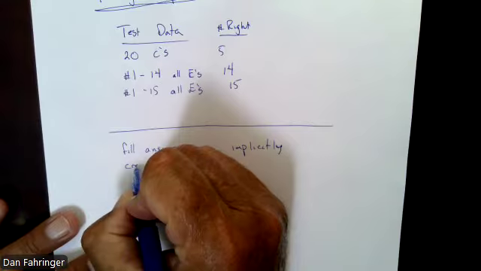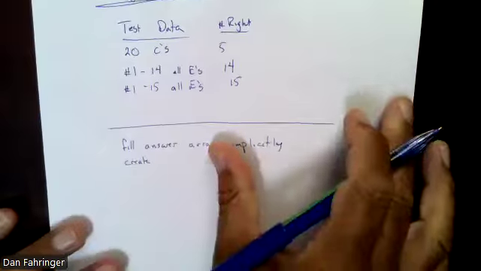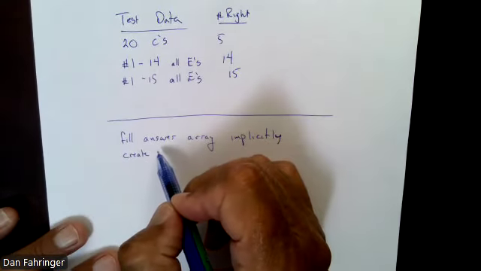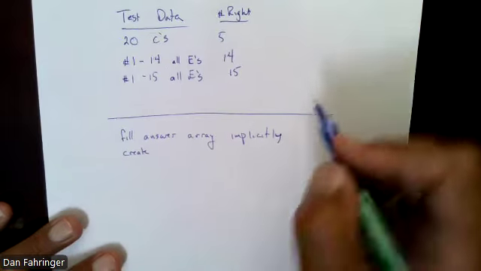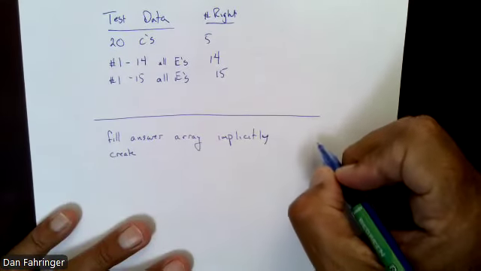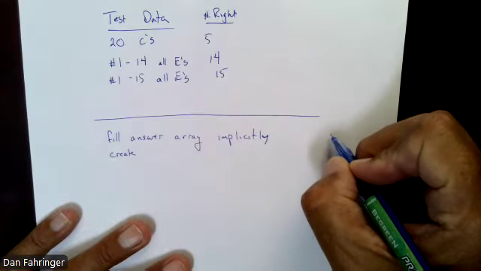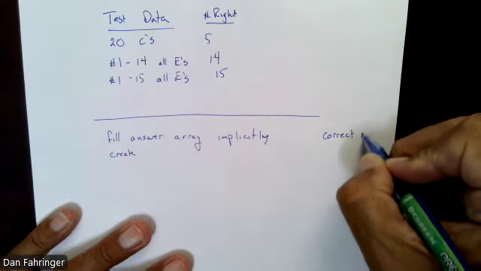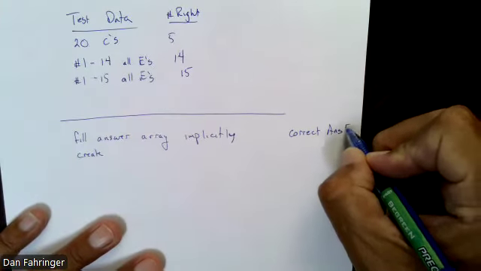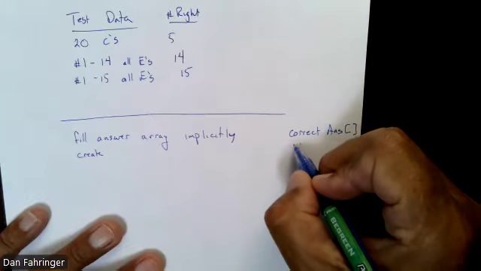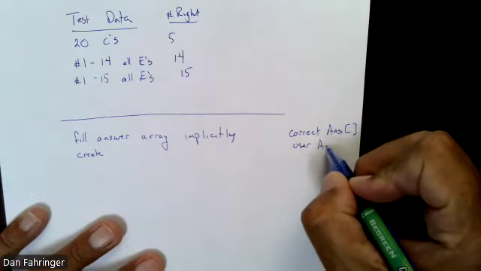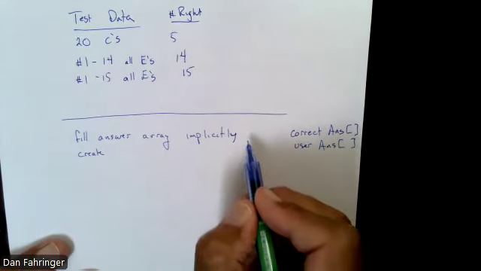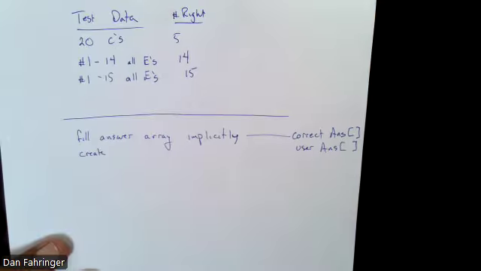I also need to create the user's answers. So this is the correct answers and this is the user answers. So maybe something like I'm going to declare two arrays of size 20, correct answers, and maybe I have another array, user answers. So this is the one that I'm going to fill implicitly.